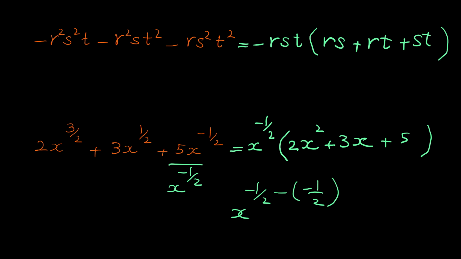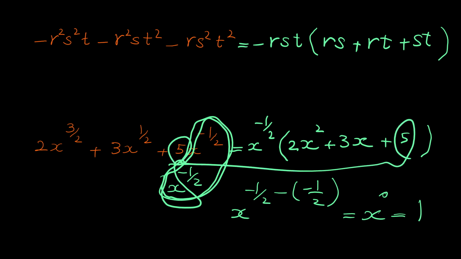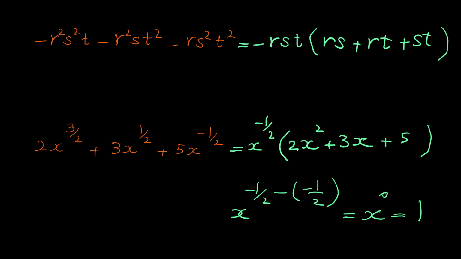What is negative 1/2 plus 1/2? It would be x to the 0. Anything to the 0 is 1. So when you divide these two by each other, the answer is 1. 1 times 5 is 5. And this is the factored form of the given expression.